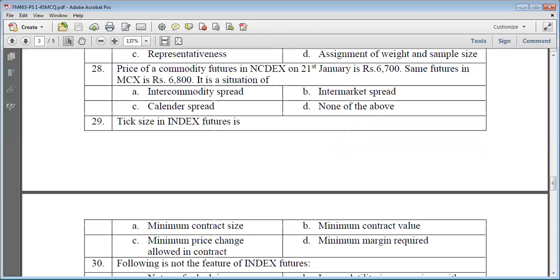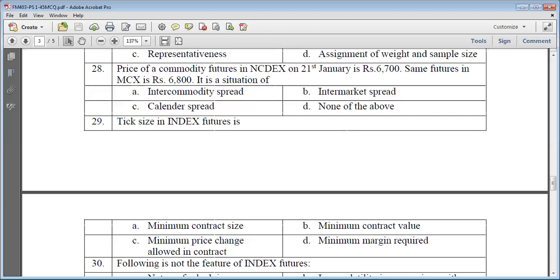Fixed size in the index will mean actually when index futures price changes, any changes we do not consider as change in the futures price. A minimum basis points is specified. It may be 5 basis point, 10 basis point, 15 basis point, 20 basis point, like that.